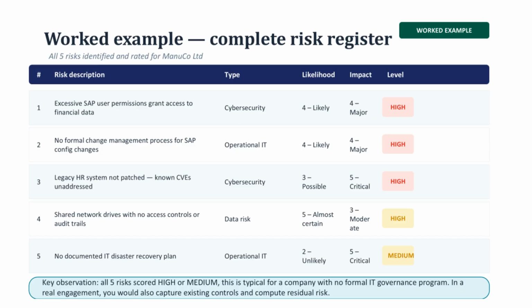The third one is CVE: legacy HR system not patched, known CVEs unaddressed. CVE is Common Vulnerabilities and Exposures. It is a public database of known software security weaknesses. So if a CVE exists for a piece of software your company is running, an attacker can find it in seconds.